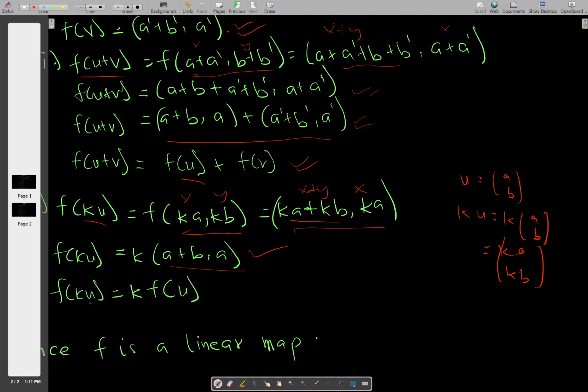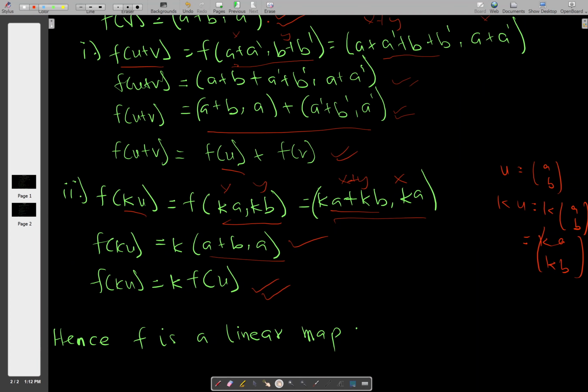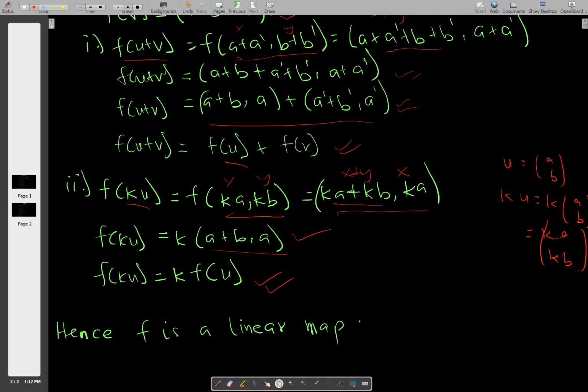So therefore, f of ku is given by k times f of u. And here we can say that scalar multiplication has also been preserved. And therefore, our operator f is a linear operator, or our map f is a linear map.